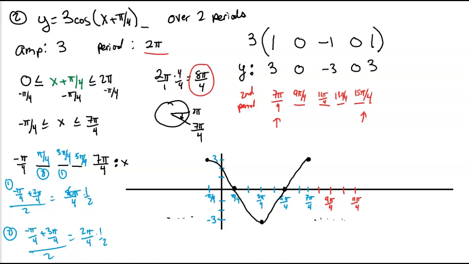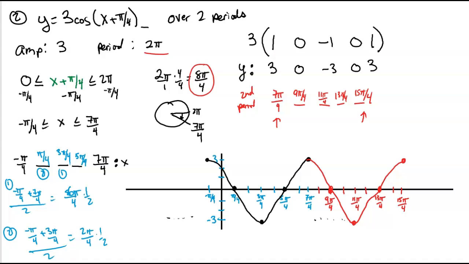Do you have to write these numbers out? No. Skip, and then 13, skip, and then 15. But writing them out helps you figure out how many more terms you have. The pattern still follows the same thing: 3, 0, -3, 0, back up to 3. So whatever starts your graph ends a previous period. So that's one second period if we wanted to do that.